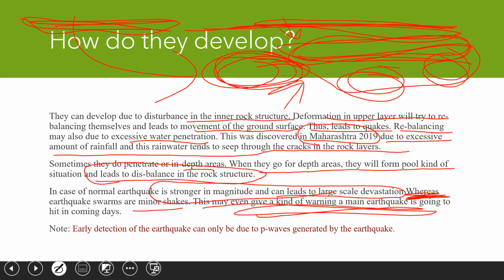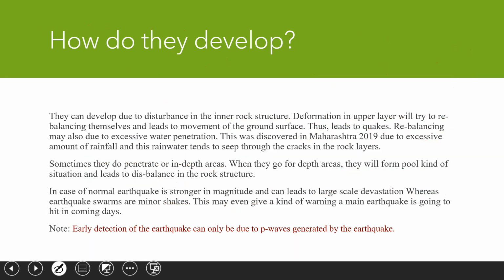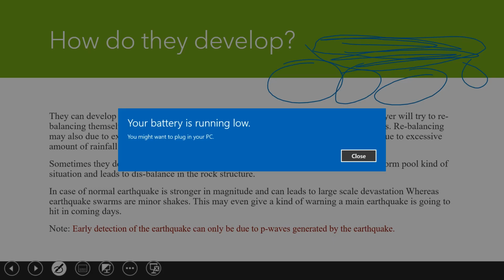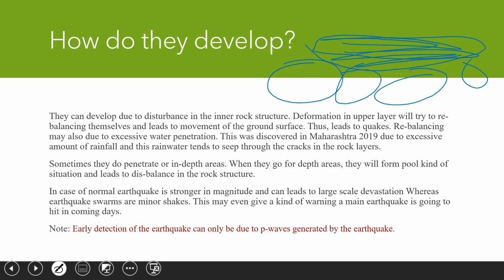Let us suppose a pool of water is created. Now the rock structure will try to balance it. When it tries to balance it, you will see an earthquake swarm situation, with less hitting of the earth's soil and less destruction.